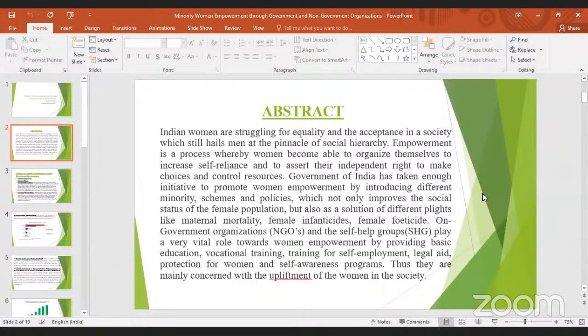Looking at the study, the data that you have collected, and your own proposals, that would help Indian women and benefit society.